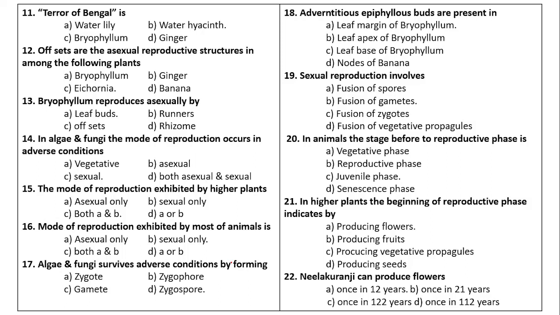Before solving this question, I'll briefly tell you about one particular incident that happened in Bengal. A particular aquatic plant called the terror of Bengal was introduced into the ponds and water bodies there, and it spread over all the water bodies in such a way that all the ponds in Bengal got dried up.